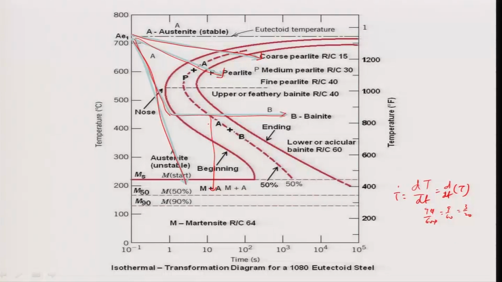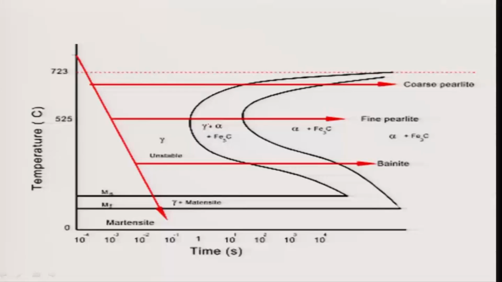So, to avoid that, we want to reduce the cooling rate, or rather we want to make the cooling slow. To do that, you have to add alloying elements. What the alloying elements do is shift the nose of the curve to the right side. So earlier this was the critical cooling rate for martensite transformation, now this has become the critical cooling rate.